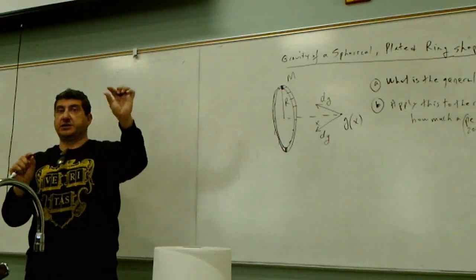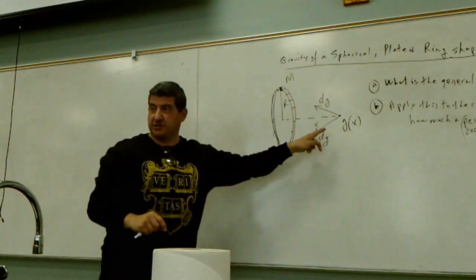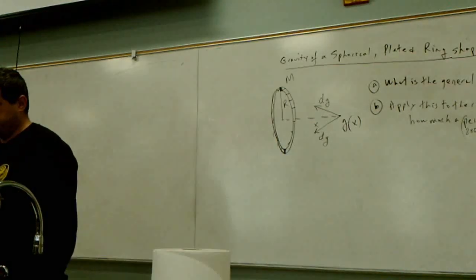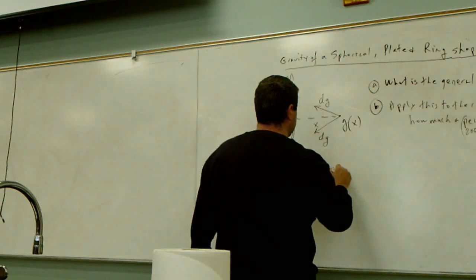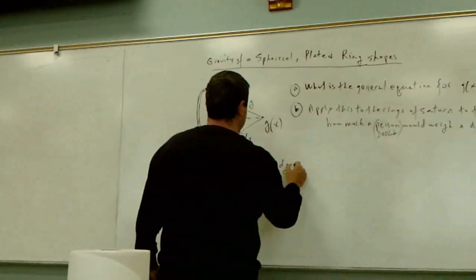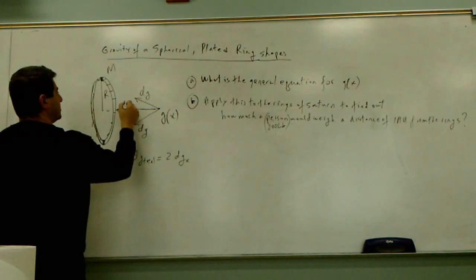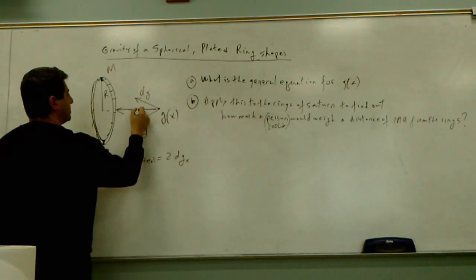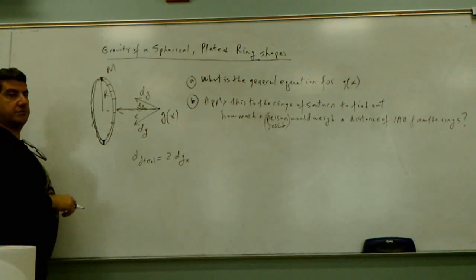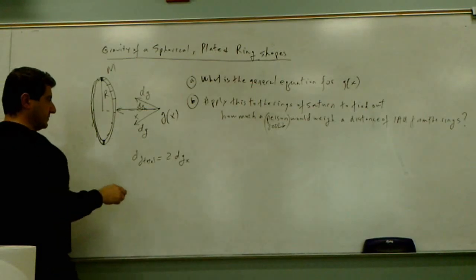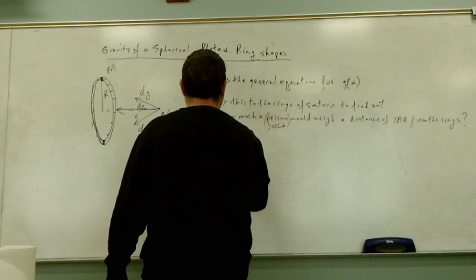So if you take a ring like this, one piece from here, one piece from here, they create a field this way, create a field this way, and then since it's symmetric, their y components cancel and their x components double, right? So dg total is equal to 2 dg x. In other words, their x component. This is a dgx right here. And then the x component doubles.